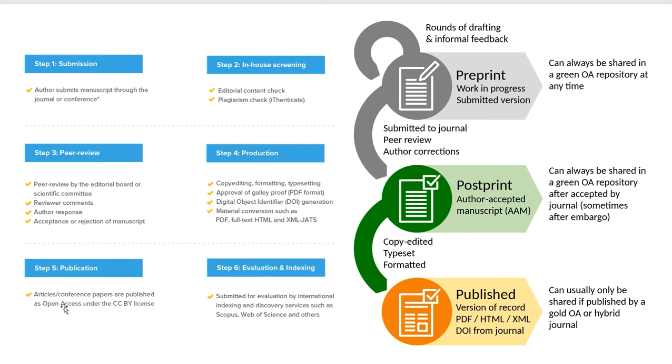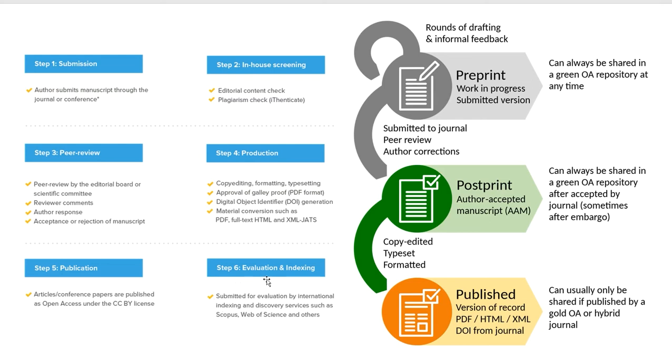Finally, publication: articles and conference proceedings papers are published as open access under the CC BY license, generally CC BY 4.0. These Creative Commons licenses are categorized into 7 types.